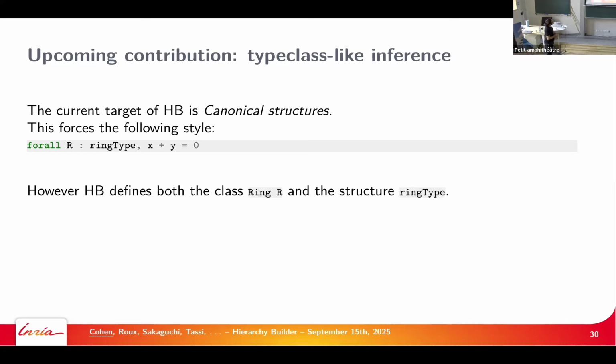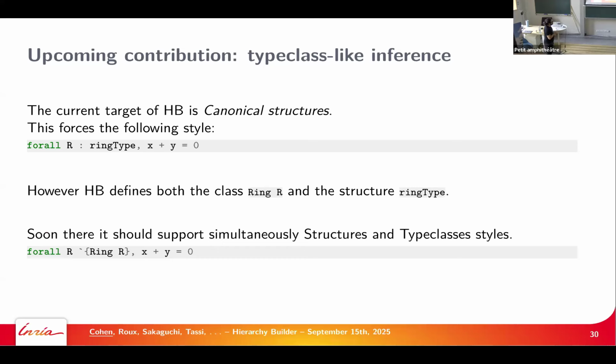But we might soon be able to also write things like this and have it work in the exact same way using the exact same inference pattern. We could just dump the type classes for this, but it would not get the same resolution, and maybe it would be slower. So we are working very hard in making the two resolve exactly the same way and as fast as we can.